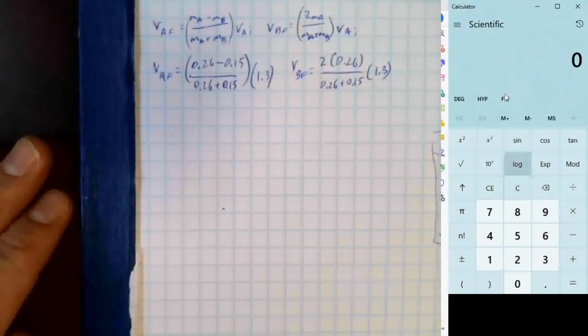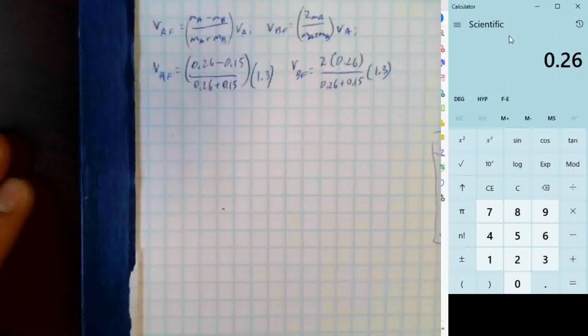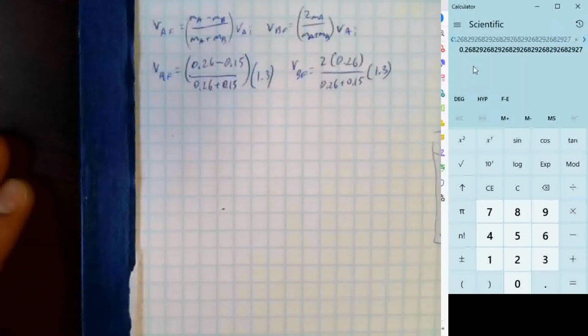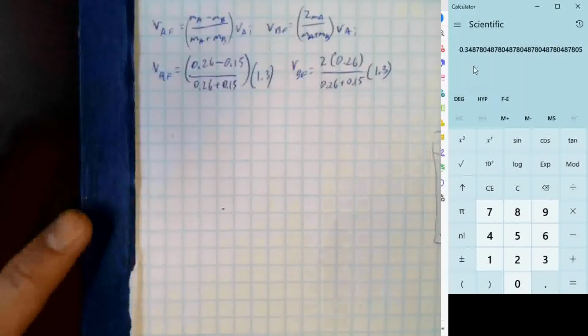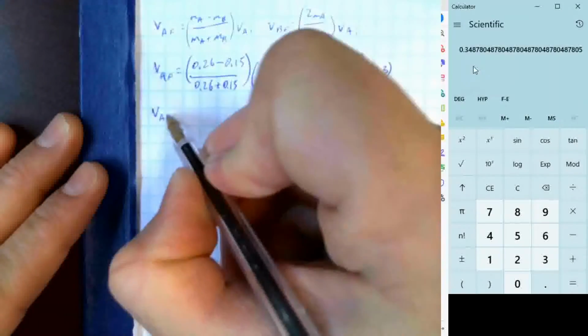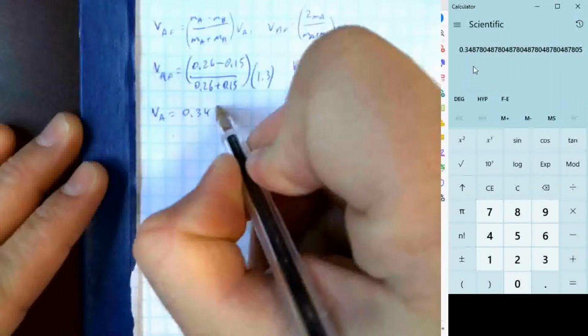For each of these, we have 0.26 minus 0.15, which is 0.11, divided by 0.26 plus 0.15, which is this ratio here, times 1.3, and we end up with a VAF of 0.3488.